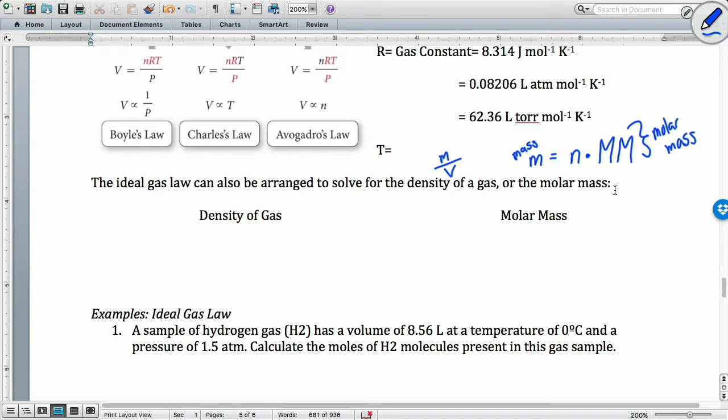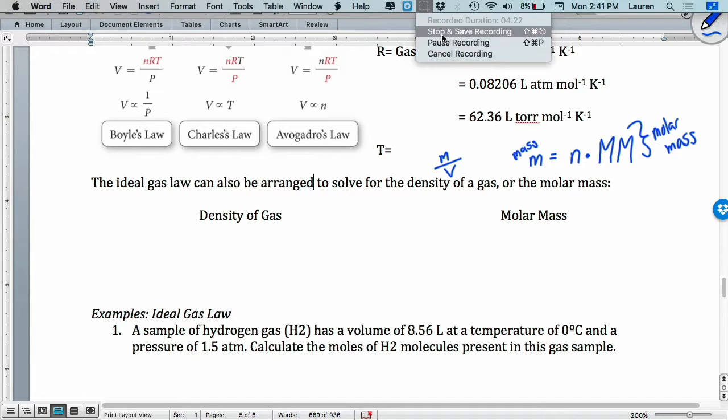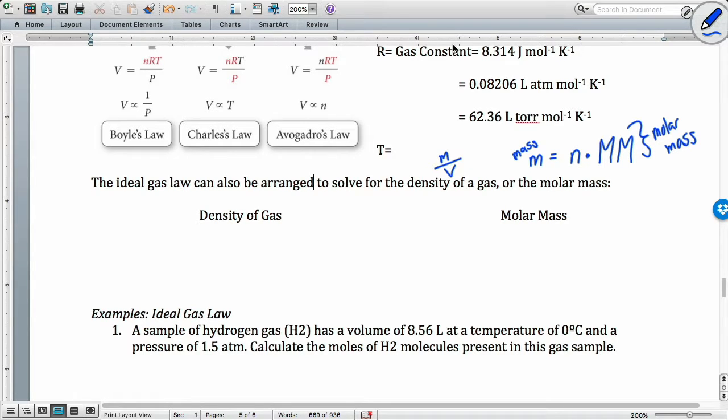So if we substitute that in for the n, it works out. You can solve for the density of a gas. Again, like I said, the density of a gas you can think of as the mass over volume.